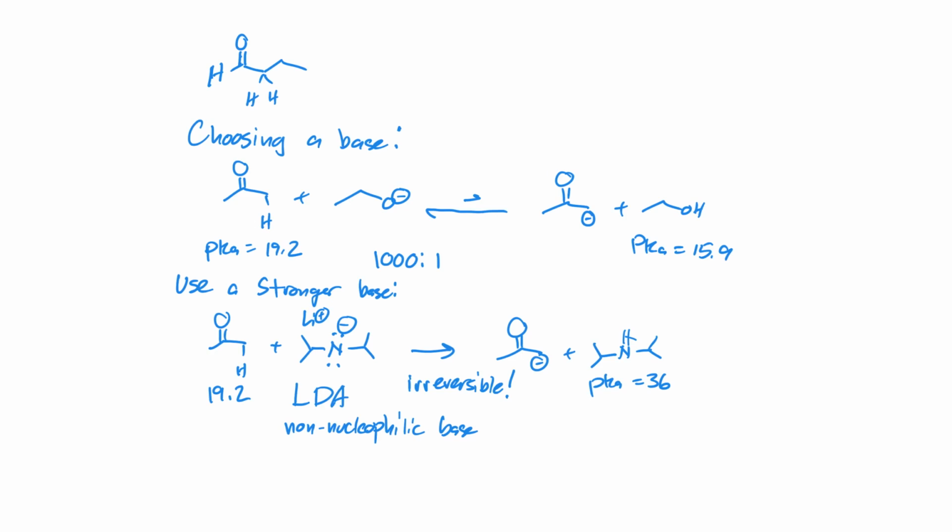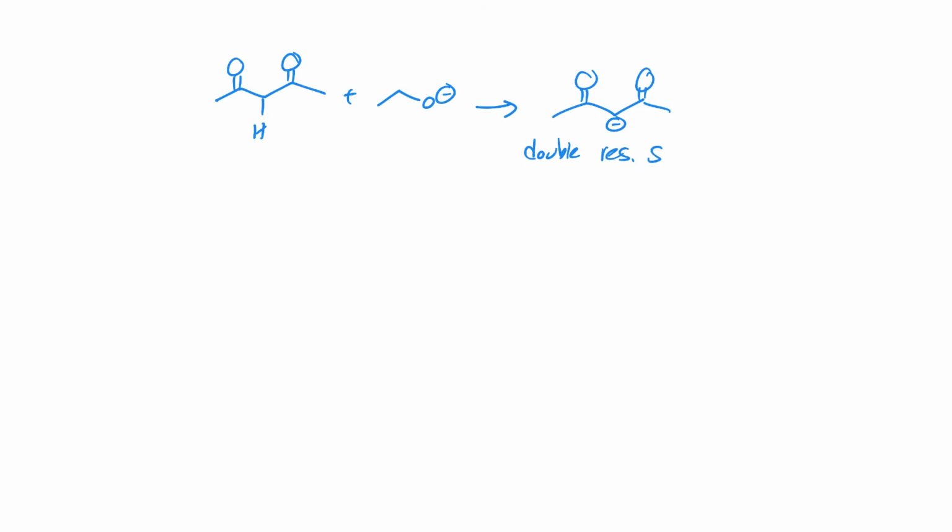We could also look at some hydrogens that are more acidic than those on acetone. What if we have a hydrogen that is between 2 carbonyls? And again, you can look this hydrogen up in your pKa table as well. And in this case, we have double resonance stabilization.